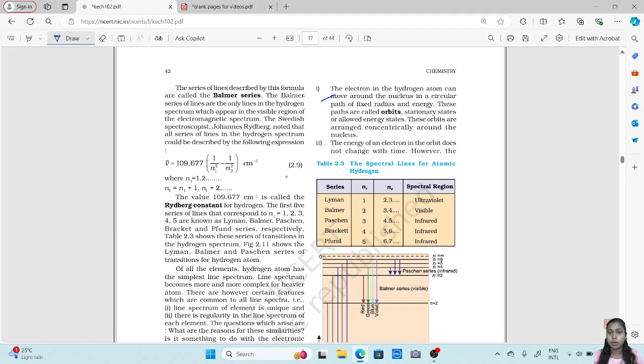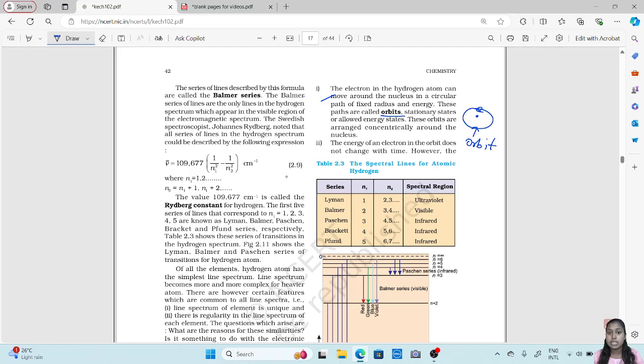These paths are called orbits. So if this is a nucleus, around the nucleus the electrons can move in a circular path, and this path is known as orbit.